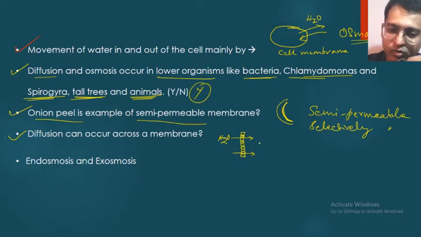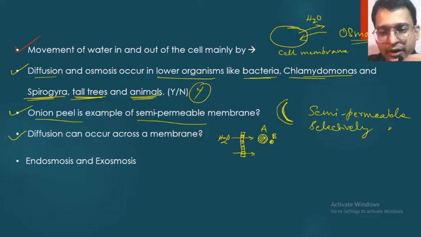So for example, suppose you have some sugar as well as some salt. For the sake of example, I am showing you two sizes of molecules, A and B. B is very small, A is very large. The size of the pore in this membrane will allow B to pass through it, but A cannot pass.